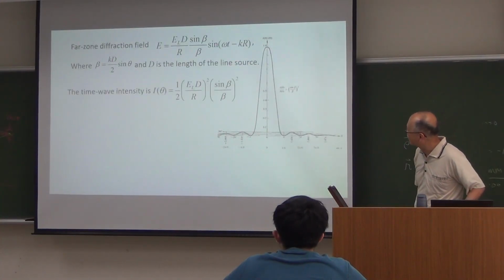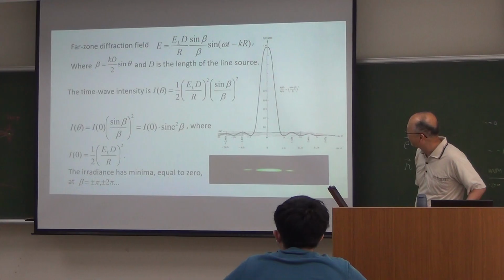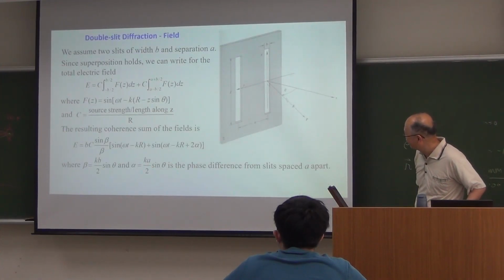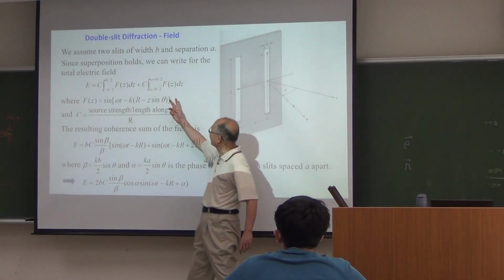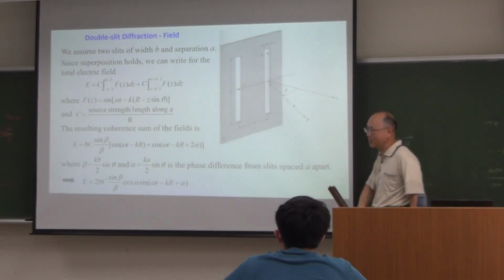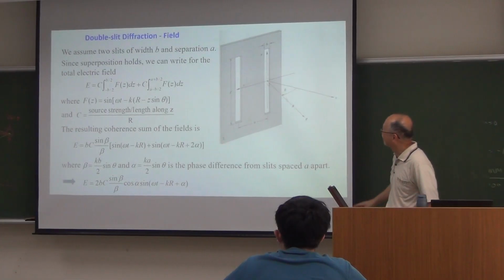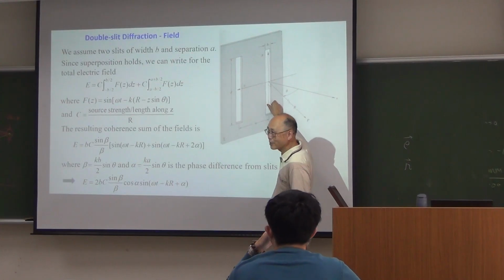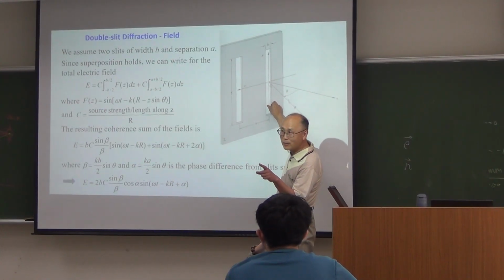What else? For this one, you're going to see that in fact this is also the Fourier transform, a superposition of two Fourier transforms of the aperture function. We did this calculation because the Fourier transform of the square function is what? A sinc function.